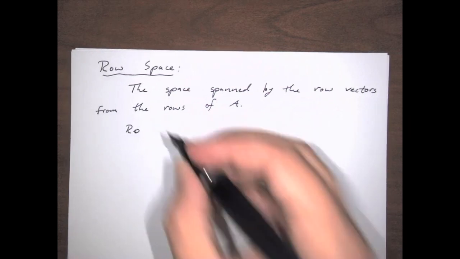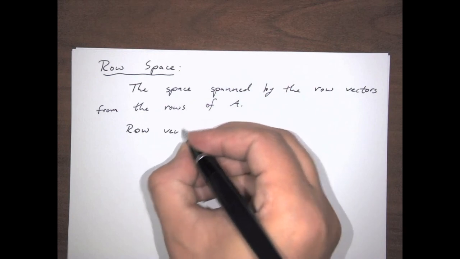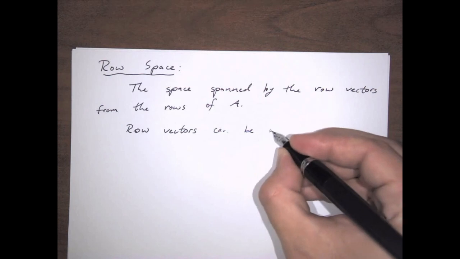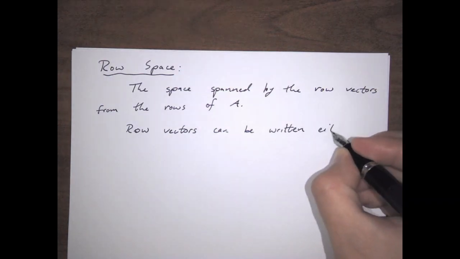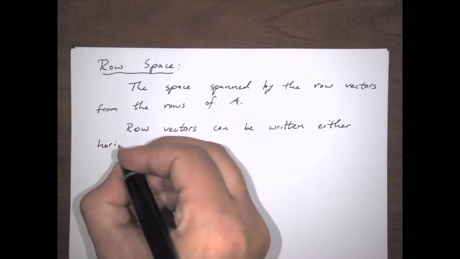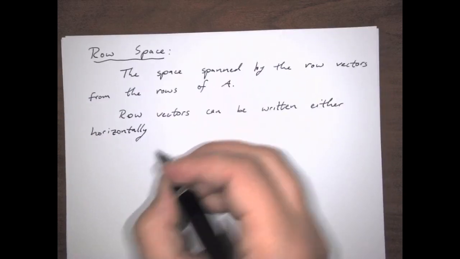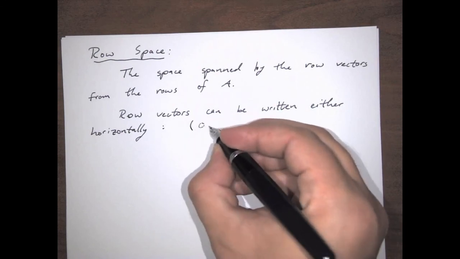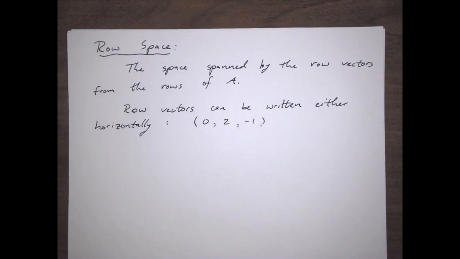Row vectors can either be written horizontally or vertically, it doesn't really matter. Horizontally, that would look like something like this, 0, 2, -1 would be the usual way we would write that.